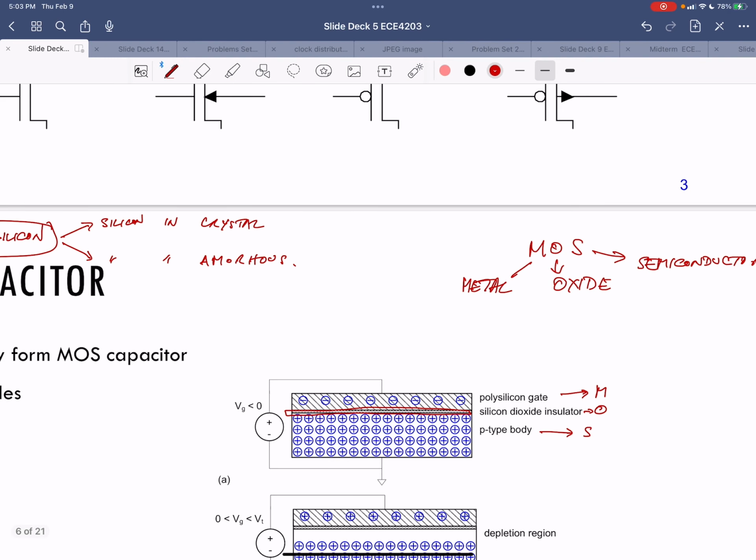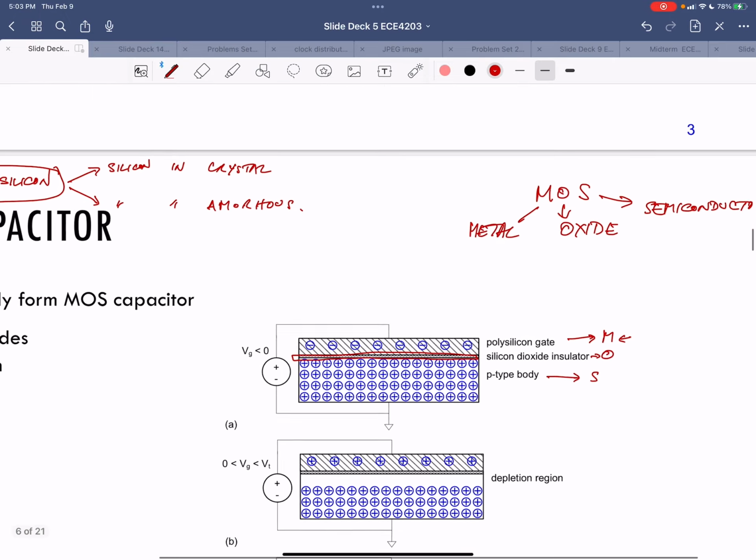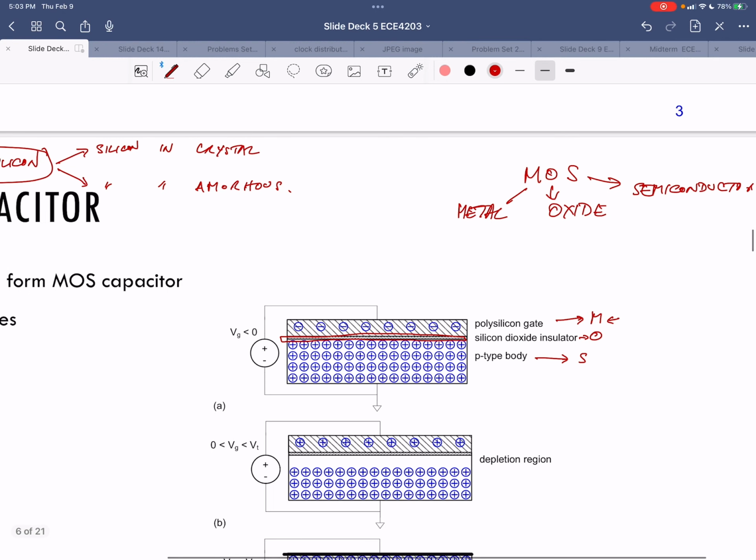So although we're calling it metal, it's still a silicon, it's still a semiconductor. It just typically ends up being a very highly doped semiconductor, which means you can kind of treat it as metal with different work function, etc. We won't go into those details. So just remember that the gate material is actually still silicon, but it's called metal.